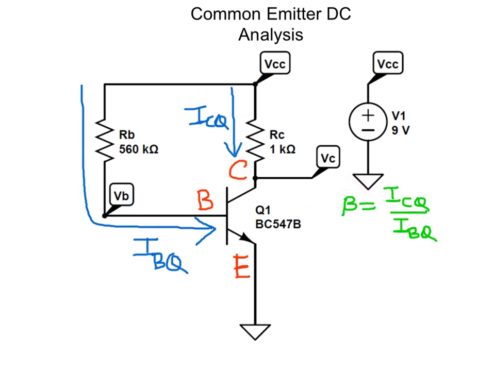The value of beta for a given transistor can be obtained from the manufacturer's datasheet. The transistor we have used in this example is BC547B. The BC547B is a general purpose transistor which is suitable for use in the driver stages of audio amplifiers. The beta for the transistor BC547B is around 300.